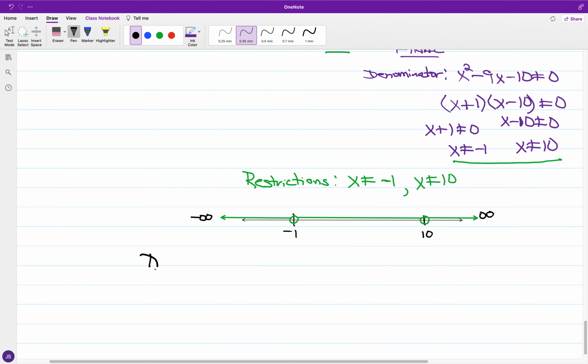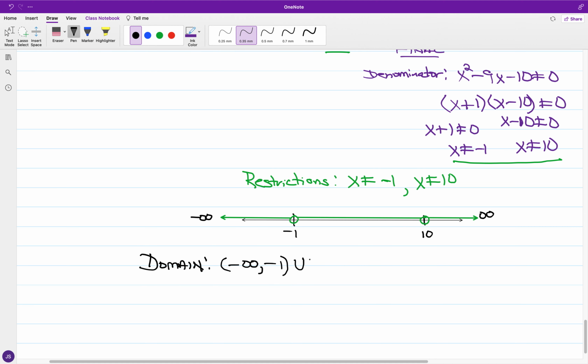And so for the domain of this composition, we're going to have three sections. At the lower end, we go from negative infinity, approaching but not including negative 1.